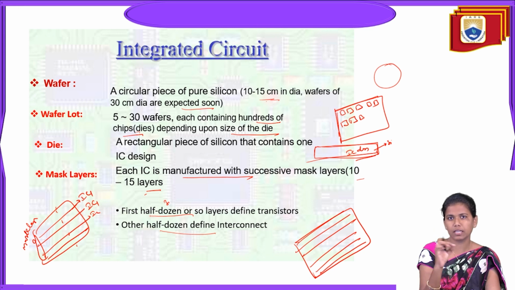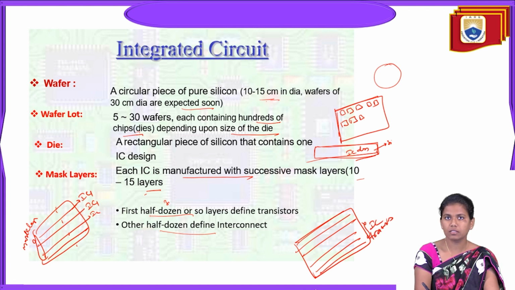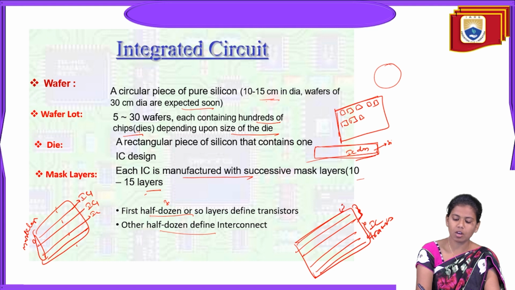So these mask layers consist of numerous layers inside them. A few layers, about half a dozen, are meant to define the transistors, and the other half are meant for the interconnection purpose.